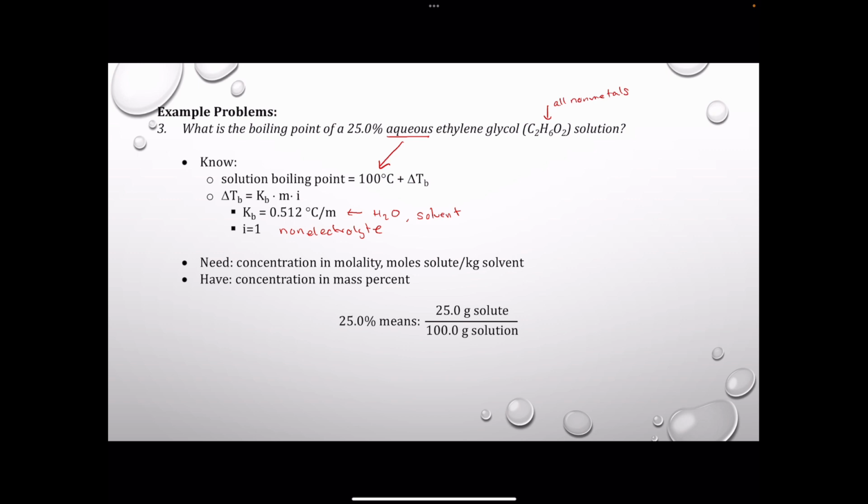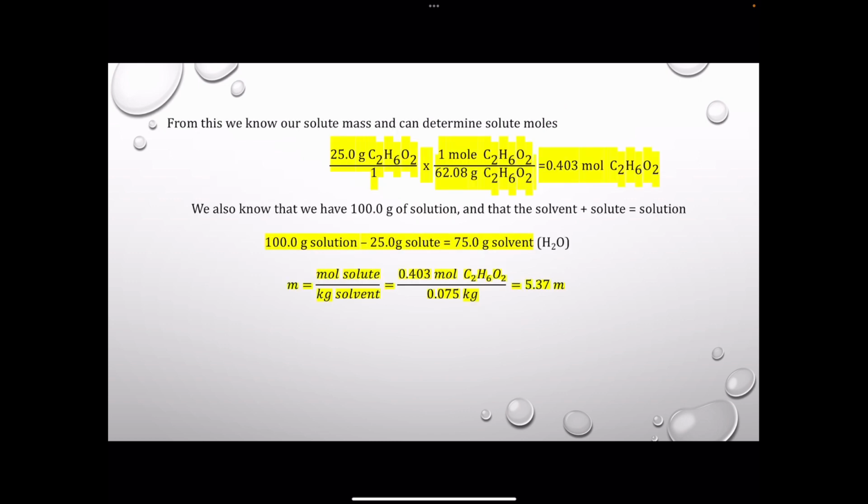So remember when we talked about mass percents, 25% means that we have 25 grams of our solute in 100 grams of solution. So we can take that and break it down. To get molality, we're going to need moles of our solute, and we're going to need kilograms of our solvent. From that mass percent, we know the mass of our solute. So we can say we've got 25 grams of solute because that's the amount contained in 100 grams of solution.